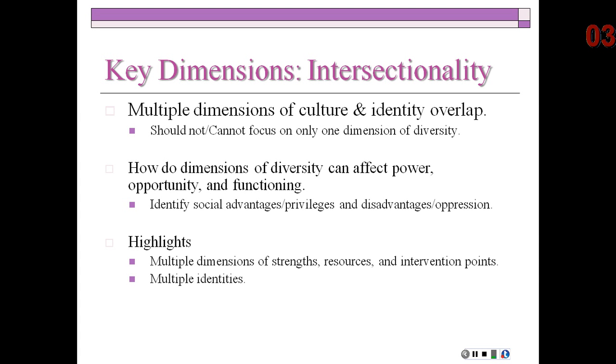All of these things contribute to not only who a person is, but also how a person experiences oppression. How a person experiences oppression within their social systems, right? And particularly in the United States social systems.